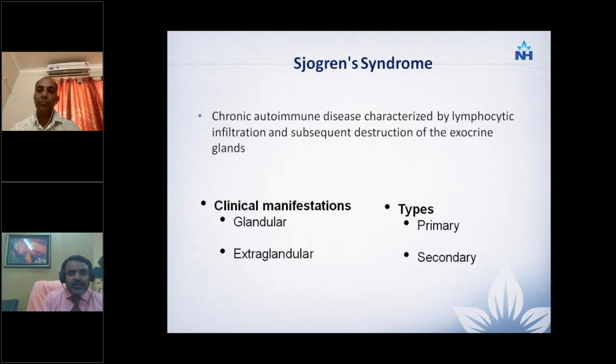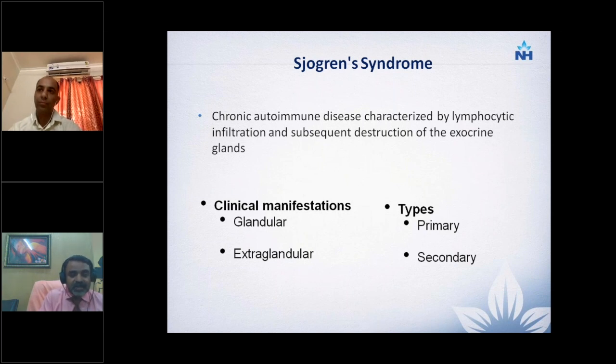So it is a chronic autoimmune disease characterized by lymphocytic infiltration and subsequent destruction of exocrine glands like the lacrimal and salivary glands, and sometimes the parotid glands. The clinical manifestation would be glandular, confined to the glands, or extraglandular, like systemic manifestations.